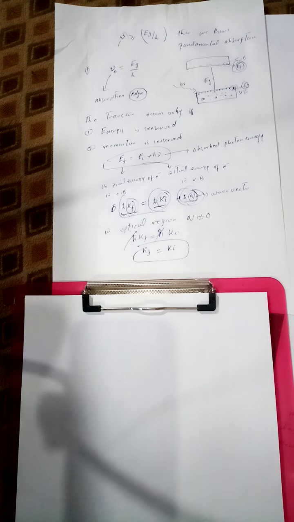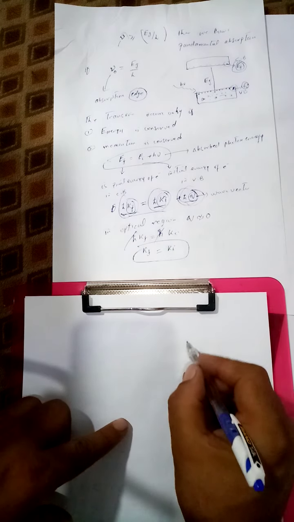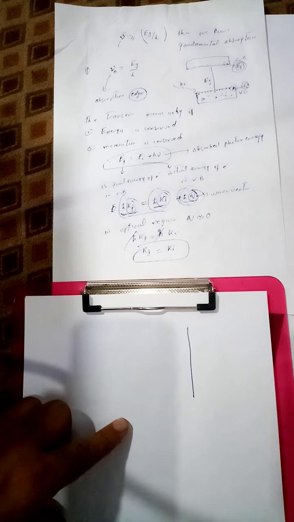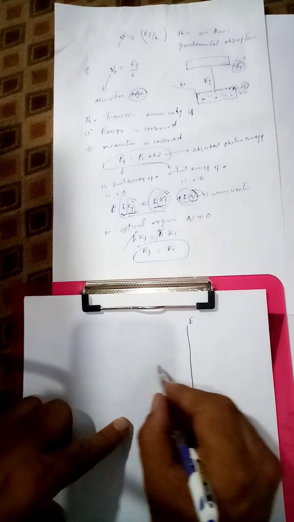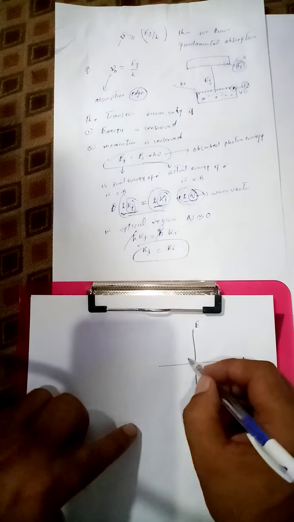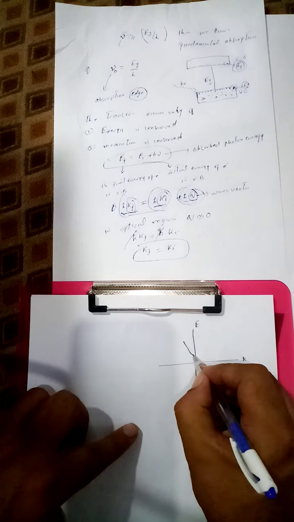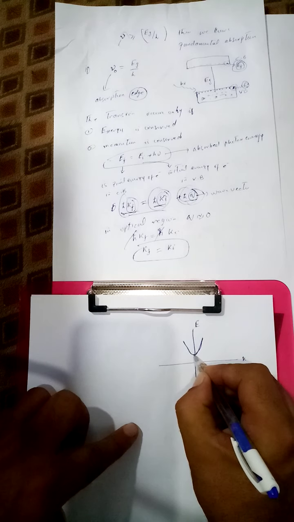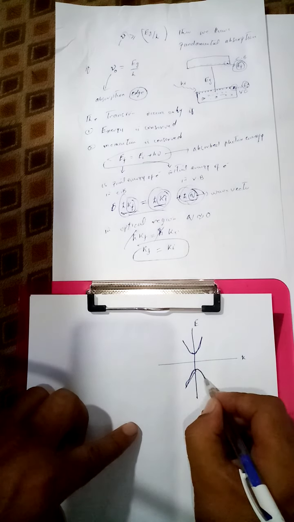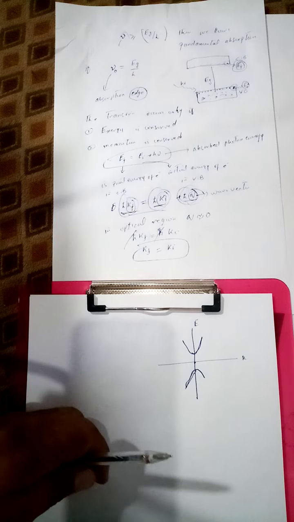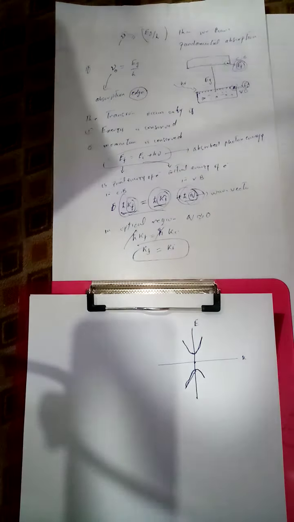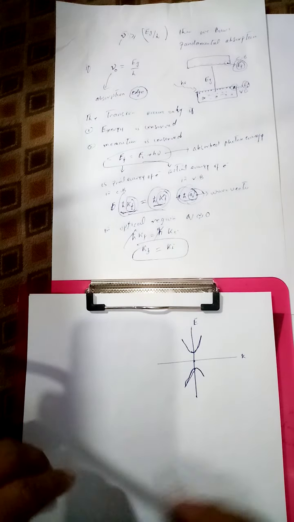In a direct band semiconductor, if we draw the band diagram, on one side we have energy, and on the other side we have momentum, the wave vector K. So in a direct band semiconductor, the top of the valence band and the bottom of the conduction band lie at the same momentum.